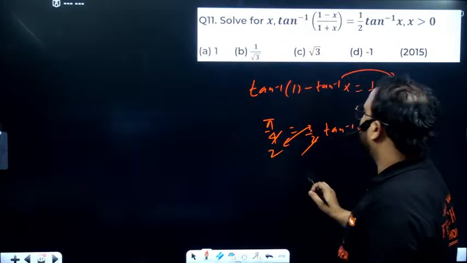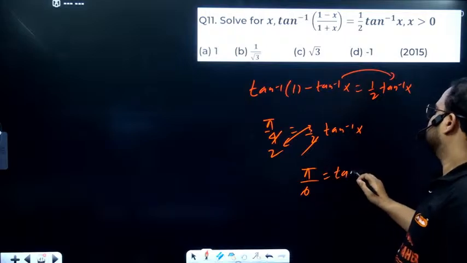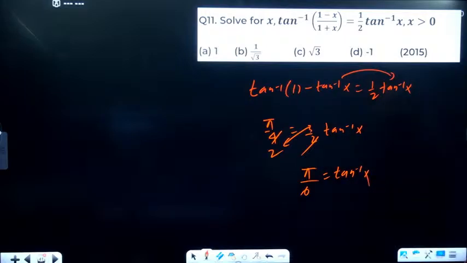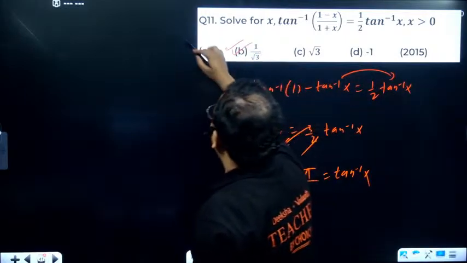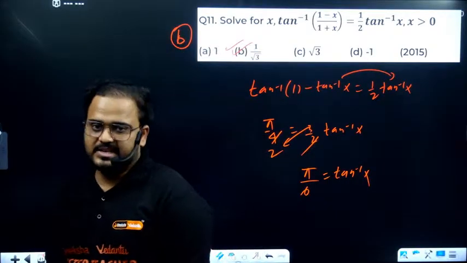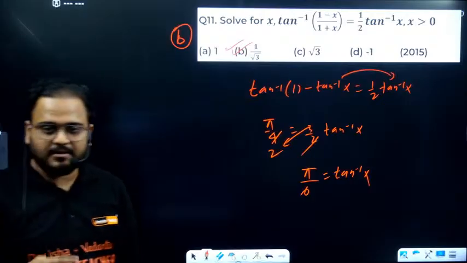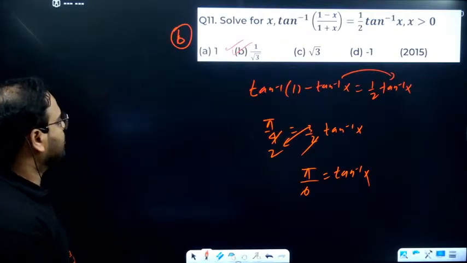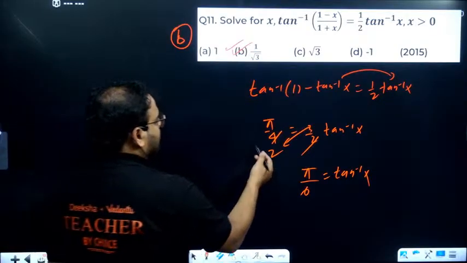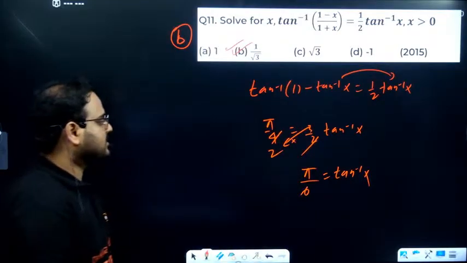Answer will be simply pi by 6 tan inverse of x. X value is b. So this is a question which is common in second PUC and CET PYQs. You cancel this and you move the 3 over here. This becomes multiplication. So 2 into 3 is 6.